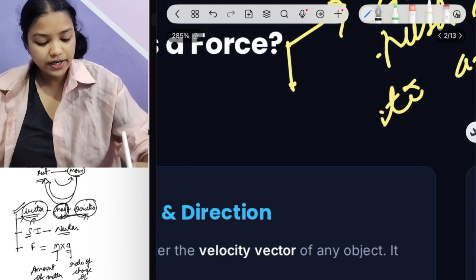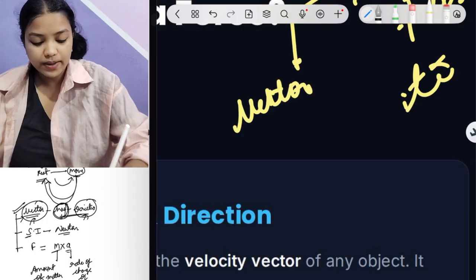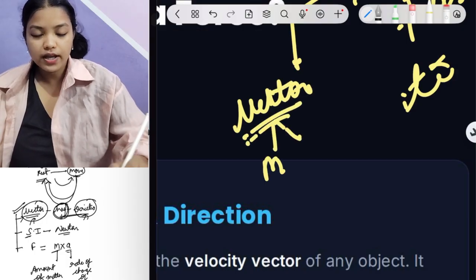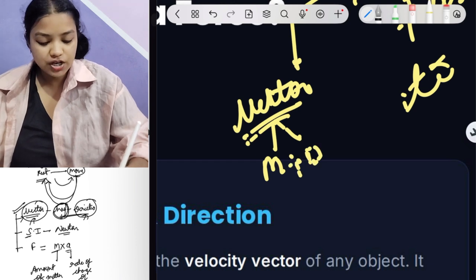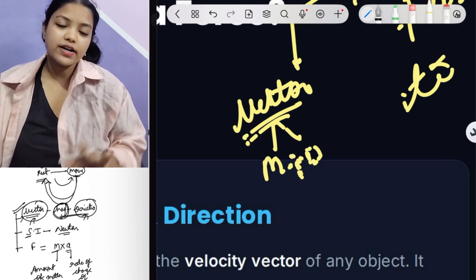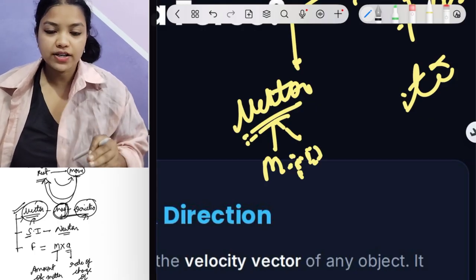Force कैसा quantity है? Force is a vector quantity. What is a vector quantity? जिसके पास magnitude भी है और direction भी है. A quantity having both magnitude and direction is known as a vector quantity.